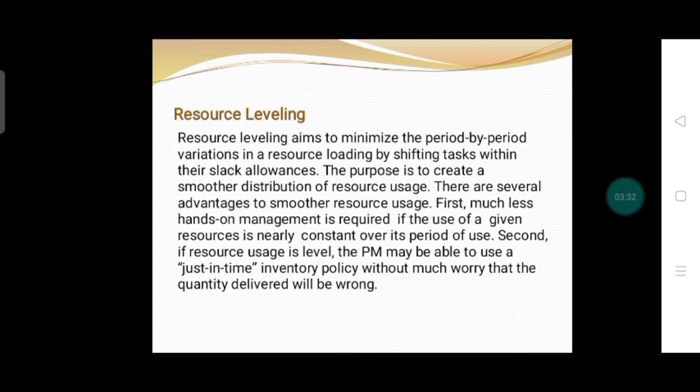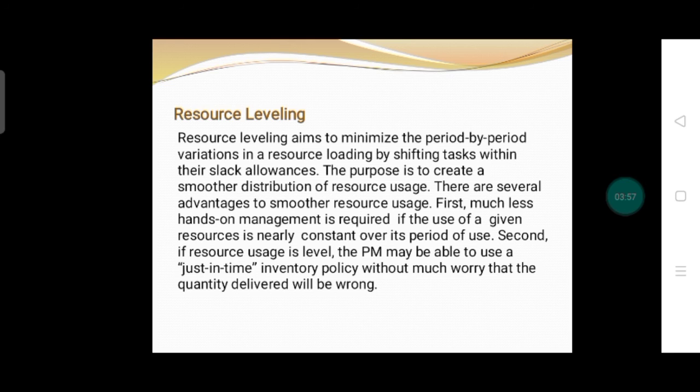Next is resource leveling. Resource leveling aims to minimize the period by period variation in resource loading by shifting tasks within their slack allowances. The purpose is to create a smoother distribution of resource usage. There are several advantages to smoother resource usage.